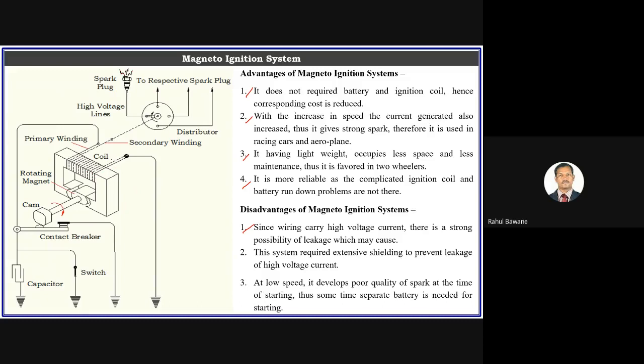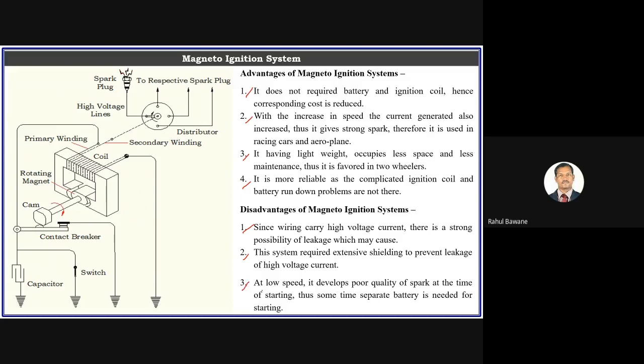So when high voltage is generated in the secondary, there is a lot of possibility that this high voltage current will leak off to any nearby metal parts. This system requires extensive shielding to prevent these leakages.